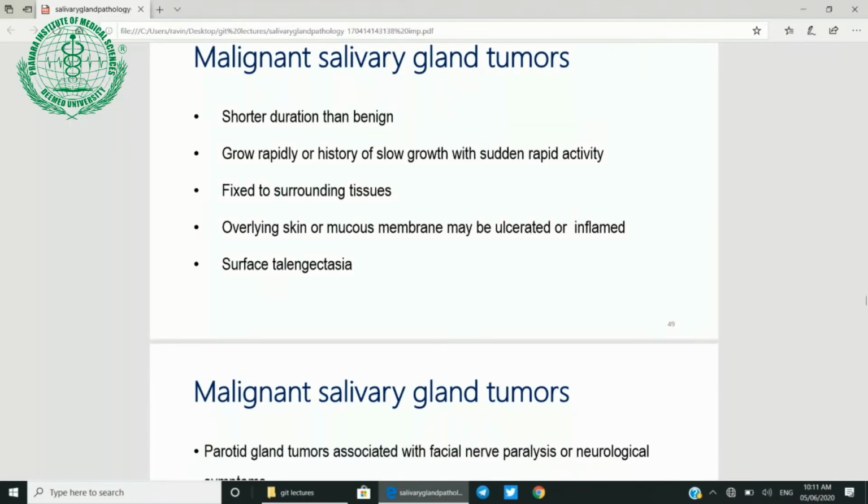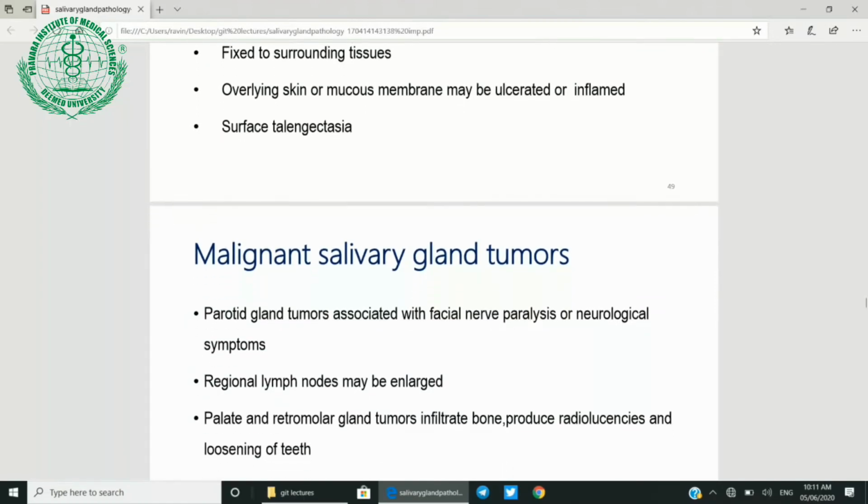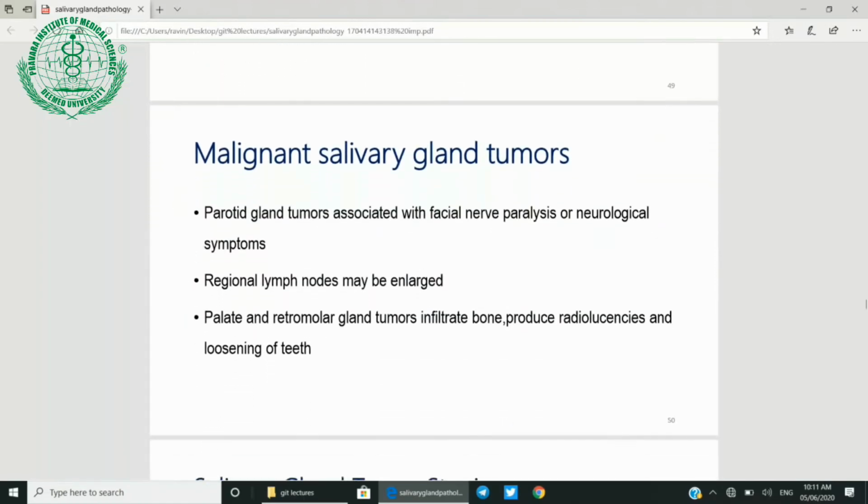Malignant tumors have a shorter duration than benign tumors. They grow rapidly, with a history of slow growth with sudden rapid activity. They can be fixed to the surrounding tissues. Overlying skin may be ulcerated or inflamed, and they can show surface telangiectasia.